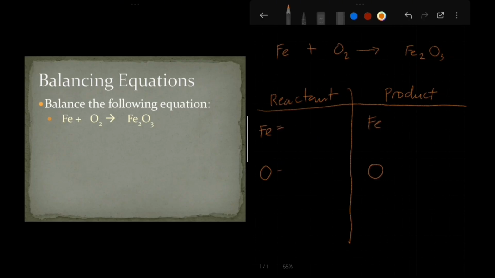So here, since we have an indivisible 1, iron has 1 atom, oxygen has 2 atoms. For iron, we have 2 atoms. And then for the oxygen, here we have 3 atoms.